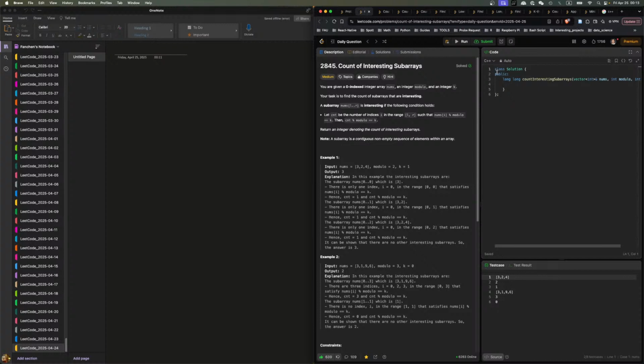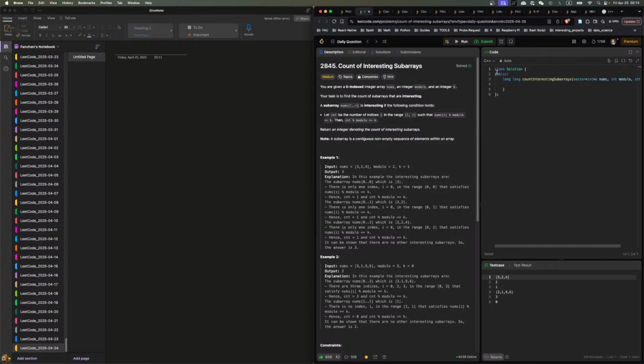Alright, we have a zero-indexed integer array nums, an integer modulo, and an integer k. Your task is to find the count of interesting subarrays. A subarray is interesting if it follows this condition: let count be the number of indices i in the range L to R such that nums[i] modulo equals k.